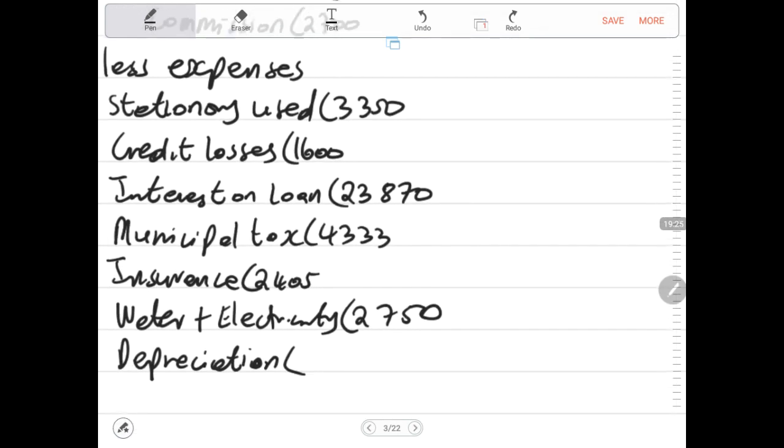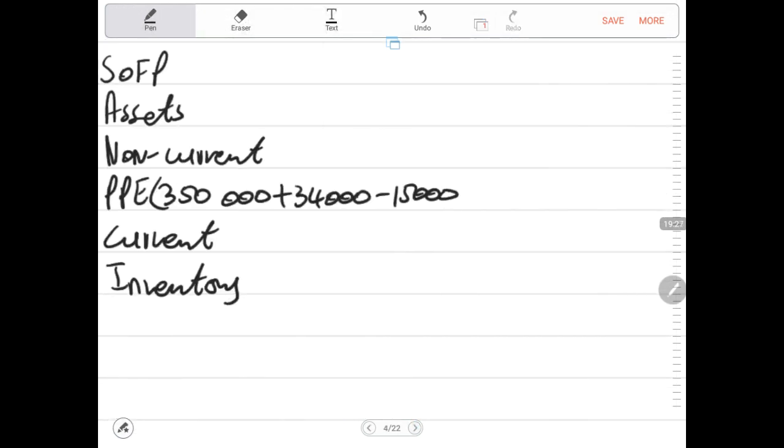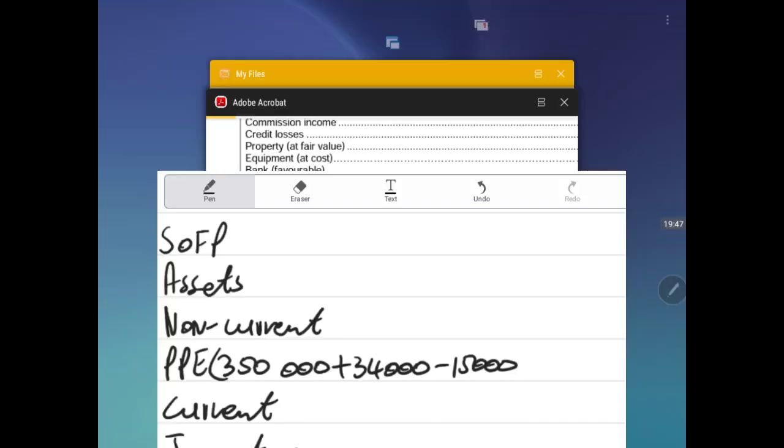Then we record what is called trade and other receivables. And we know that trade and other receivables are what we call debtors.